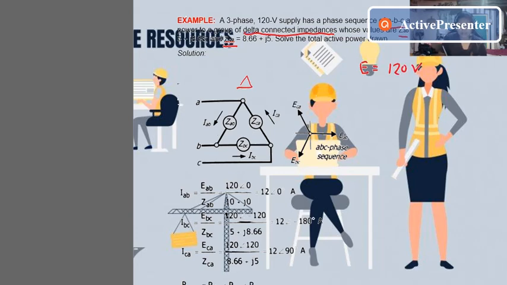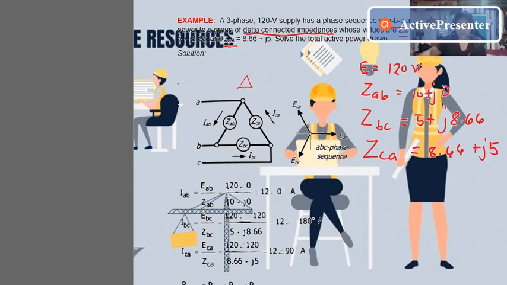And we have ZAB which is 10 plus j0, ZBC 5 plus j8.66, and ZCA 8.66 plus j5. To solve for current, we have IAB equal to 120 divided by 10 plus j0.